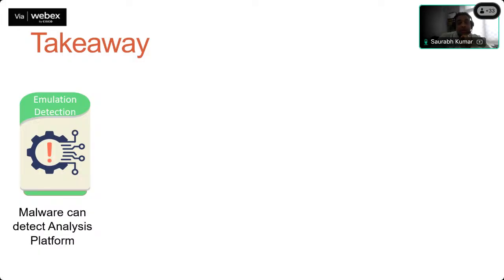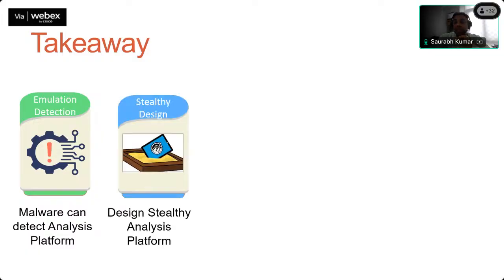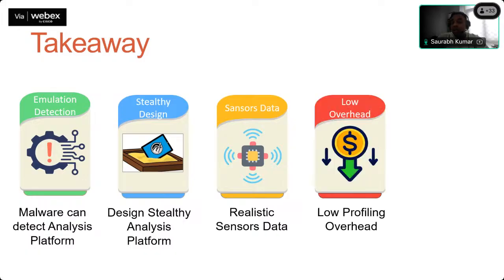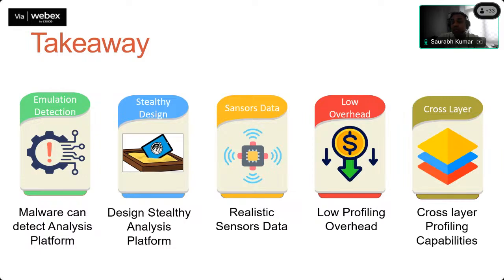The final takeaway is that nowadays malware can detect this analysis platform, so we should care about this. We need to design some stealthy analysis framework that can generate realistic sensor data, provide a low profiling overhead, and have cross-layer profiling capability.